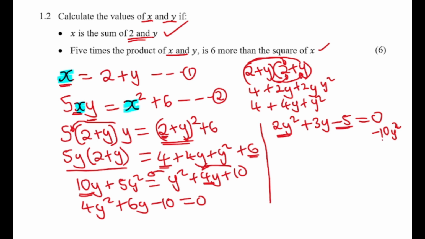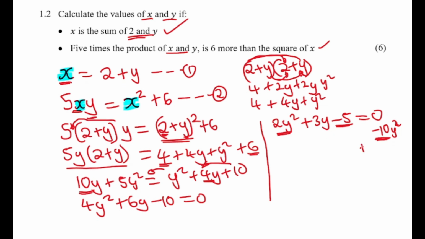Then we look for the factors of negative 10y squared that can give us 3y, and those factors should be positive 5y and negative 2y. If you multiply positive 5y and negative 2y, you get negative 10y squared. And then if we add them, we get positive 3y. So we can replace 3y with these two. But remember, I said you can use the quadratic formula if it's faster for you, right?